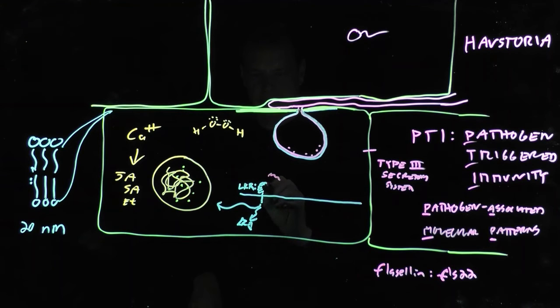These LRRs are able to sense the flagella, and then the sensation of flg22, of flagellin, causes these to dimerize. Typically, I think for almost all cases, there's a common adapter, which is called BAK1.